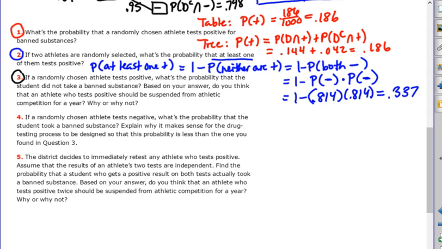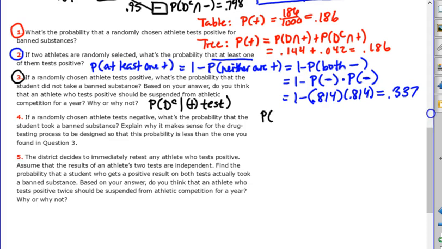We're saying, what is the probability that given that they test positive, they didn't take a banned substance? So the probability that they didn't take a banned substance, given a positive test. All right, so we have to remember how we calculate something like this.